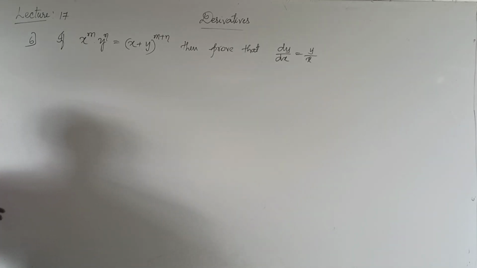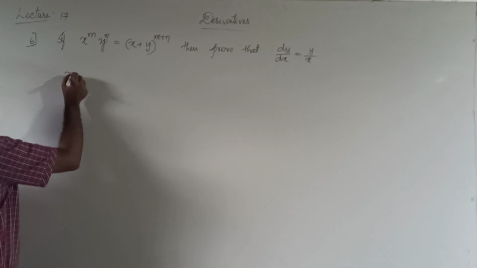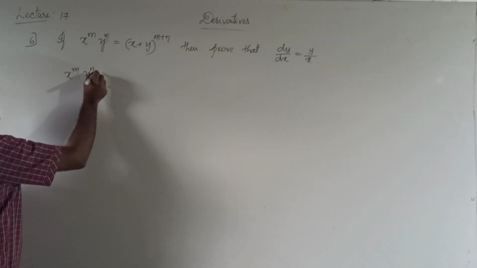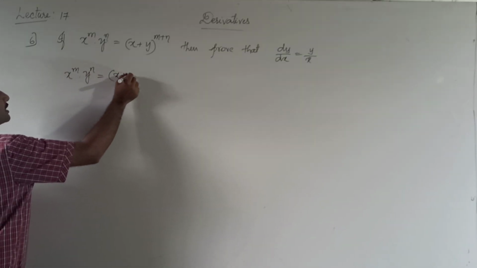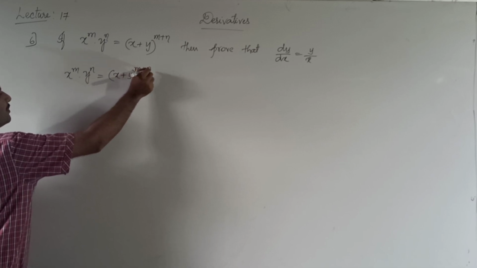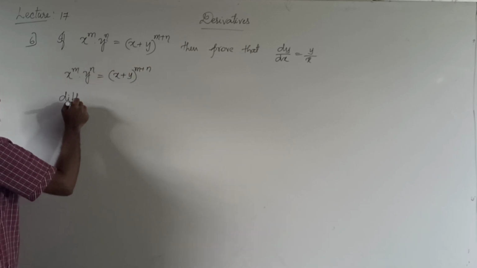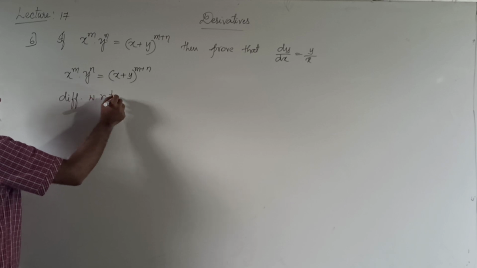Okay. So we have this x power m into y power n is equal to x plus y whole power m plus n. Let us differentiate this with respect to x.